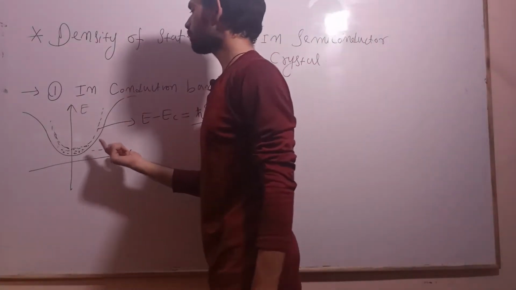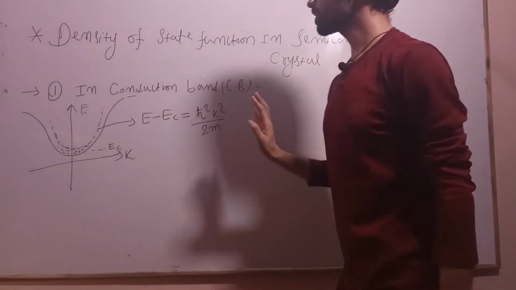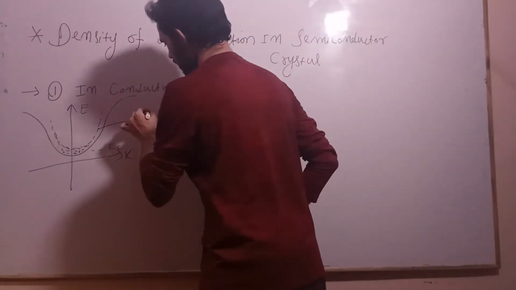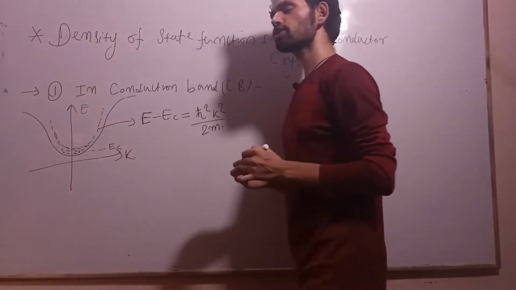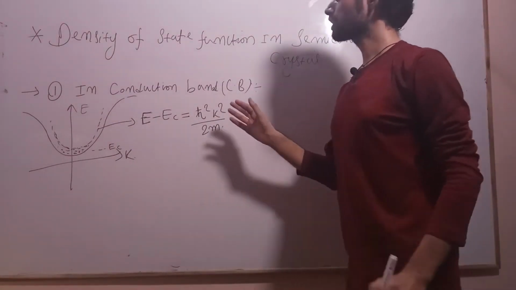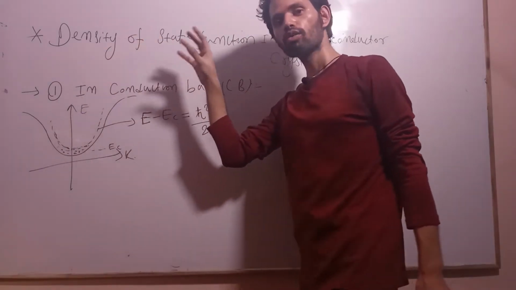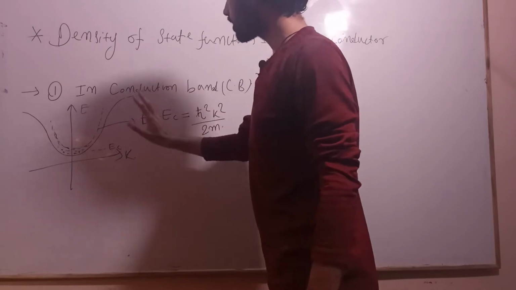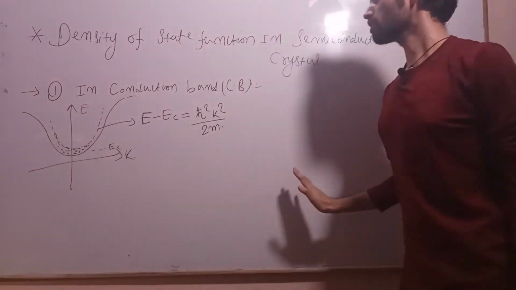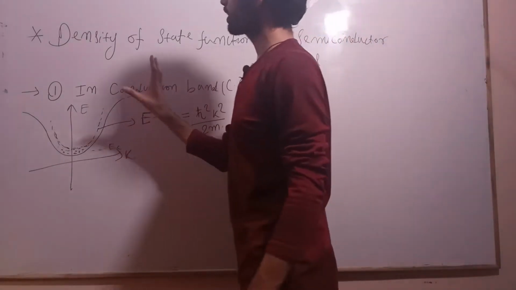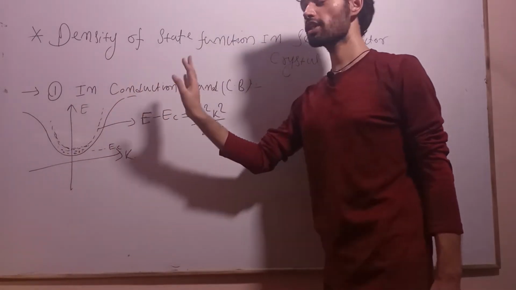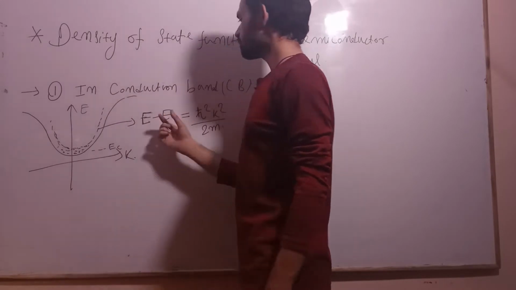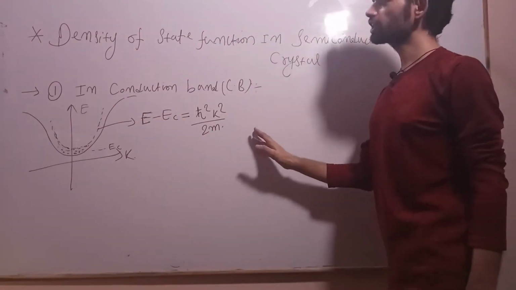Now if you see the density of allowed quantum states in the conduction band, here we are assuming a similar case to that we assumed for the free particle, a three-dimensional infinite potential well. So everything is the same except the energy and mass that will get affected.